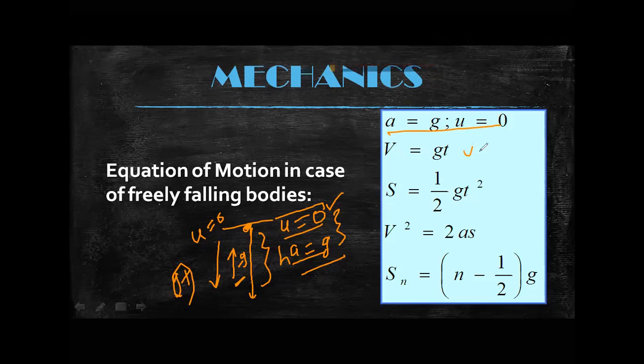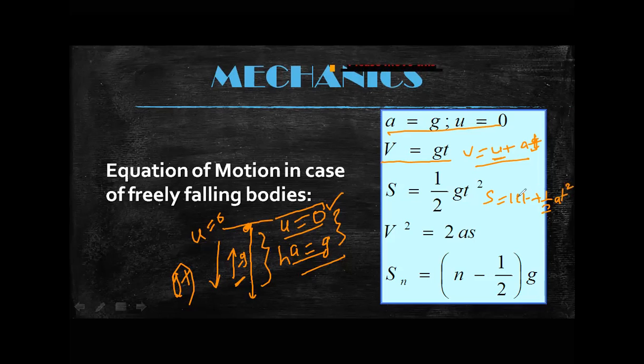So v is equal to u plus at, in which u is 0, and a is equal to g. So this equation becomes v is equal to gt. Is it clear? Right. In the second equation, the equation was s equal to ut plus half at square, right?